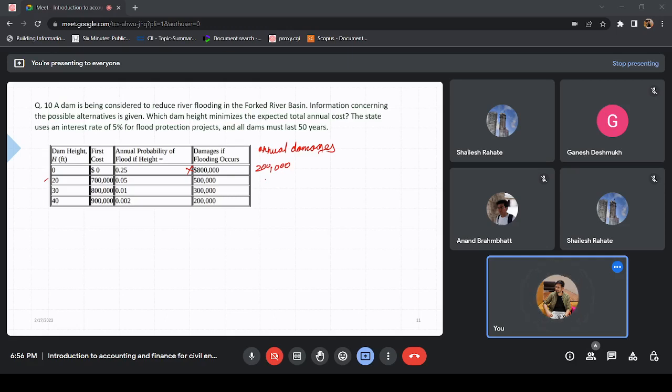Anybody? This comes to be 25,000, right? This is 3,000, and this is even less, 400. Have I calculated these values correctly?